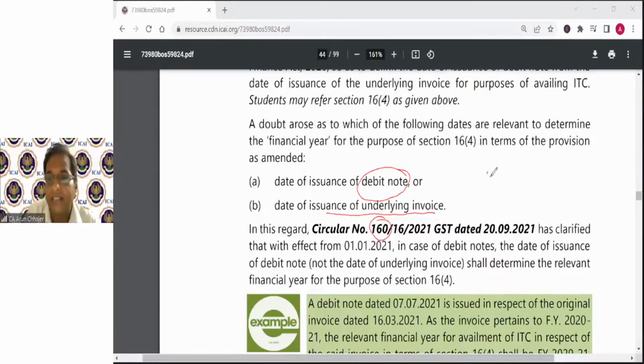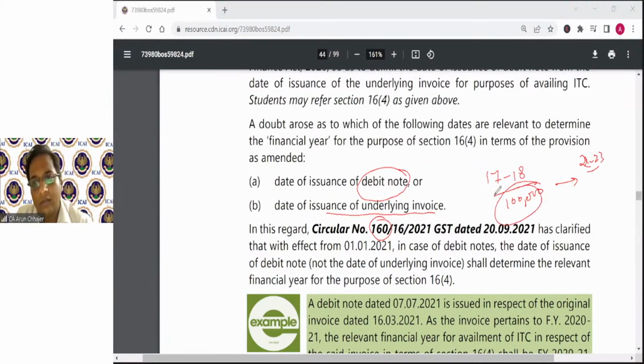What happened? Let's say there was an invoice of 1 lakh rupees. I'm giving you the example. Let's say in 21-22 or 22-23 there was a mistake in the invoice, identified in financial year 22-23.